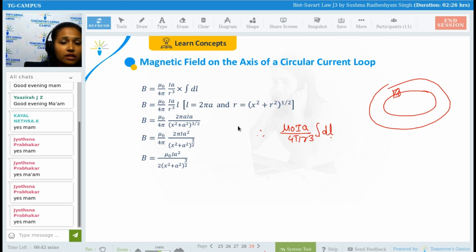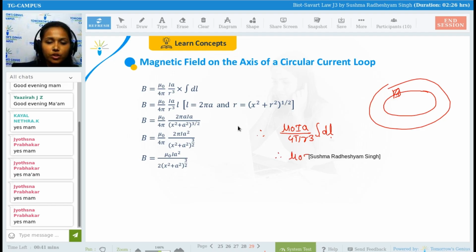What is the length for a circular loop? What is the area of a circular loop? It is pi r square. So what is the length for a circular loop? It is the circumference of the circle. What is the value of the circumference of the circle, my dear students? It is 2 pi r.